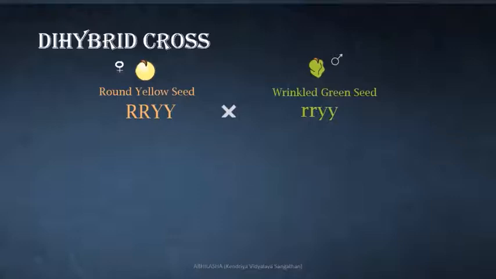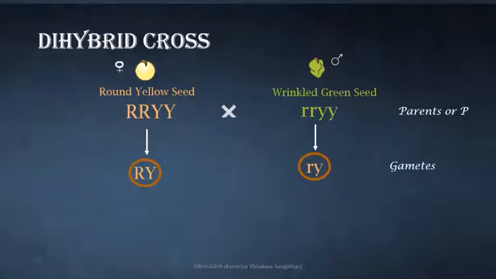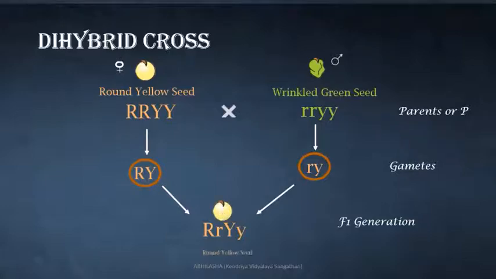Next, the gametes obtained from RRYY are all of one type, that is capital R, capital Y, and the gametes obtained from small rryy are of one type, that is small r, small y. Upon fusion, the zygote will have this genetic combination, since for both the traits, one dominant allele is present in the zygote. So, the seed will show only the dominant phenotype, that is round yellow.